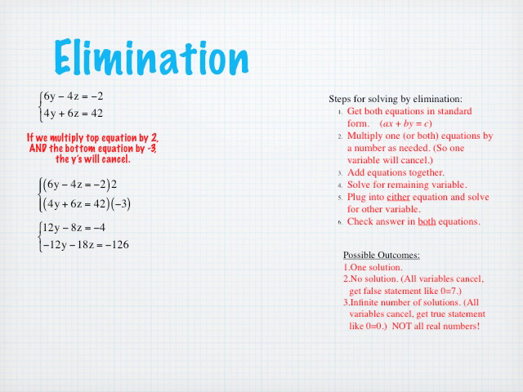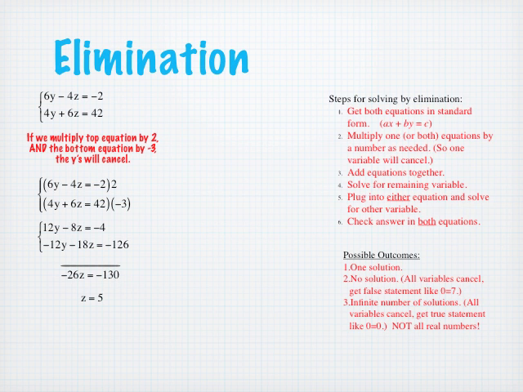And my bottom equation becomes negative 12y, because I'm multiplying by negative 3, minus 18z equals negative 126. So when I add these together, my y's will cancel, and I'll have negative 26z equals negative 130. Now to solve for z, I'll divide both sides by negative 26, so z is equal to 5. Turned out to not be so bad, even with big numbers.